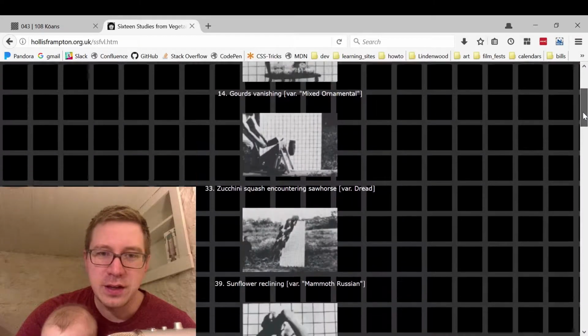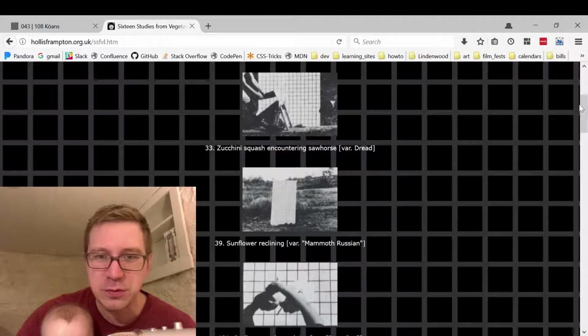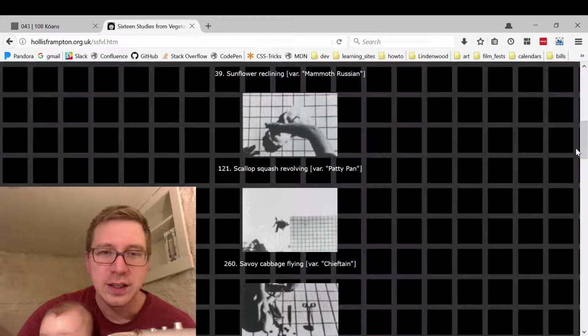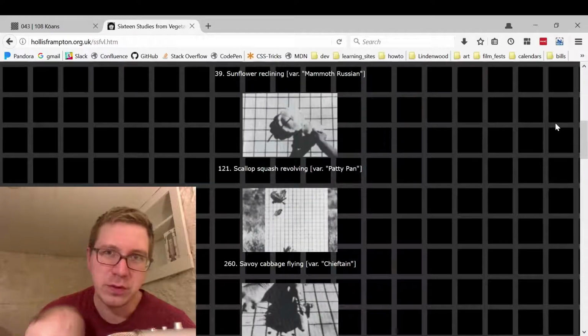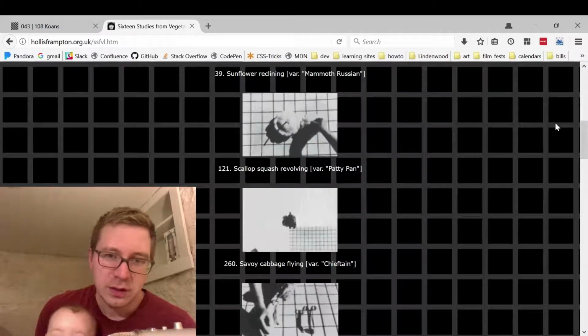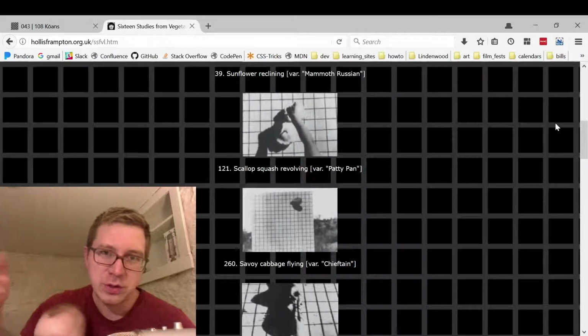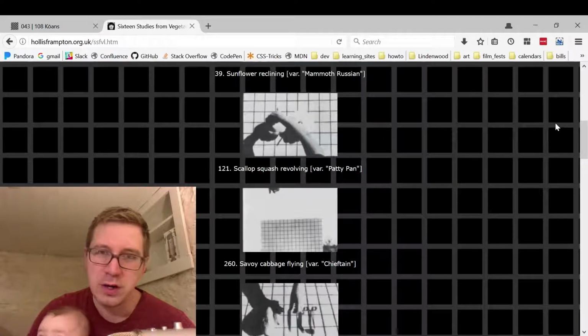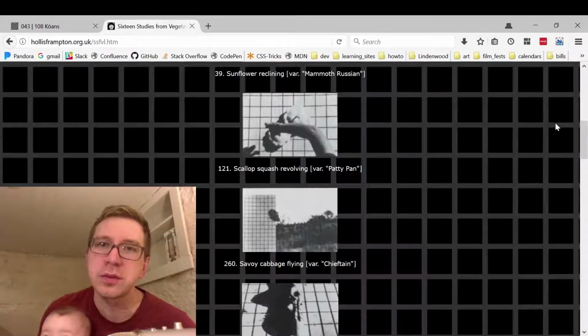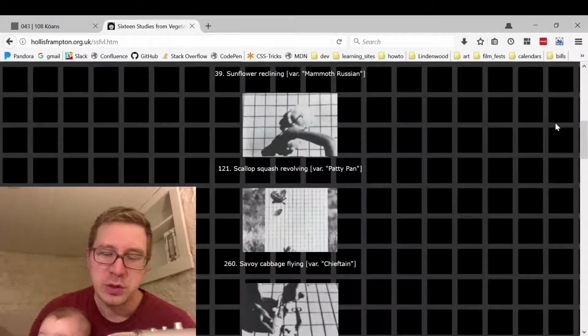This series of photos, Vegetable Locomotion, is a reference to the Eadweard Muybridge series of photographs of various people and animals in locomotion.